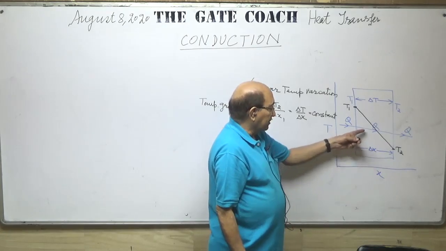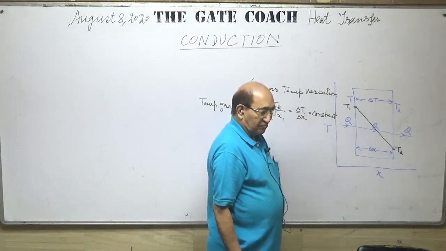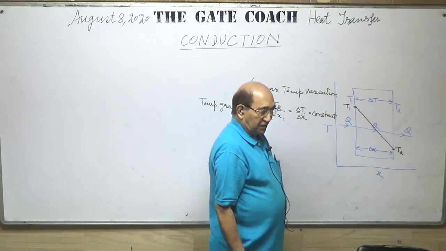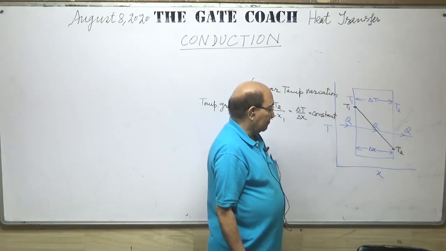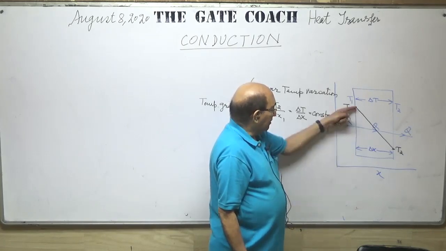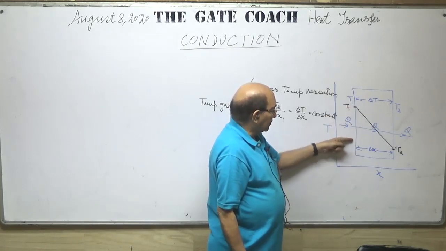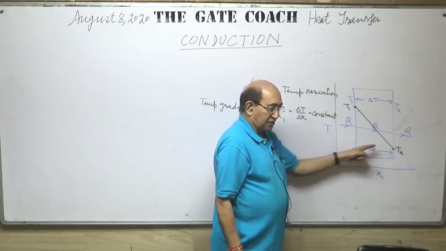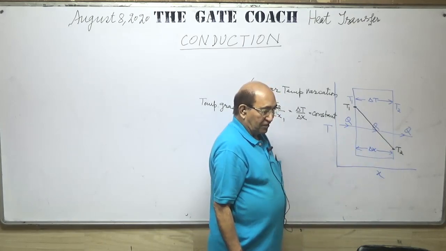If you try to see the slope of this line, slope means tangent. Tangent means T1 minus T2 upon x2 minus x1. It should be negative.